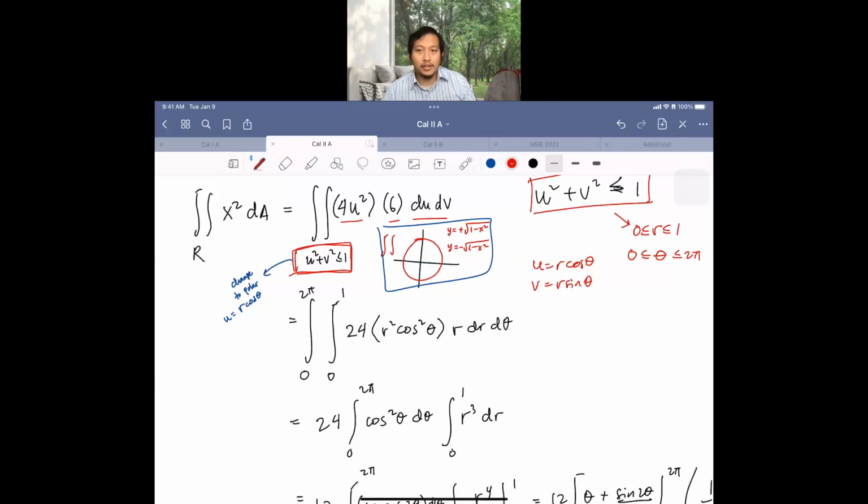You can do it after finding the Jacobian, and you can see that, oh, it's another circle, then go to polar.